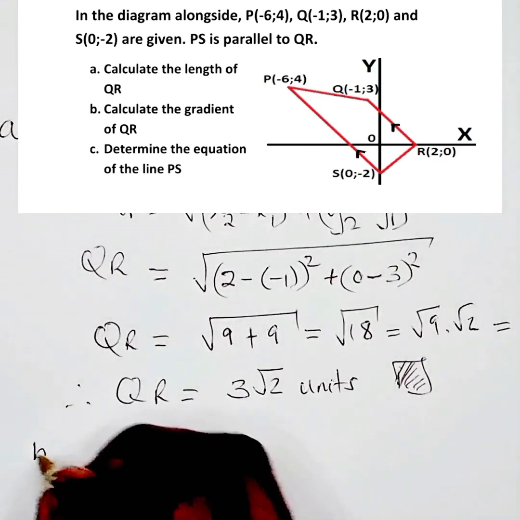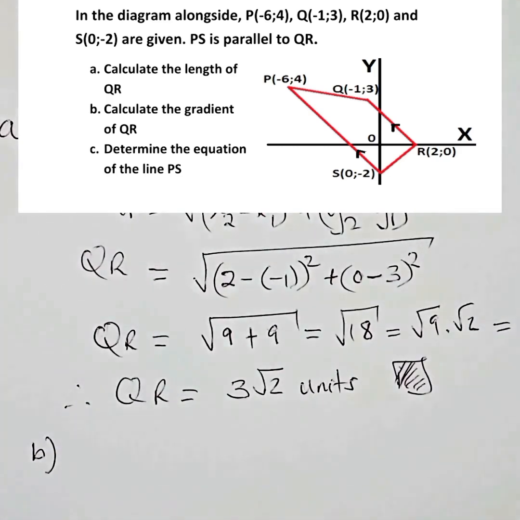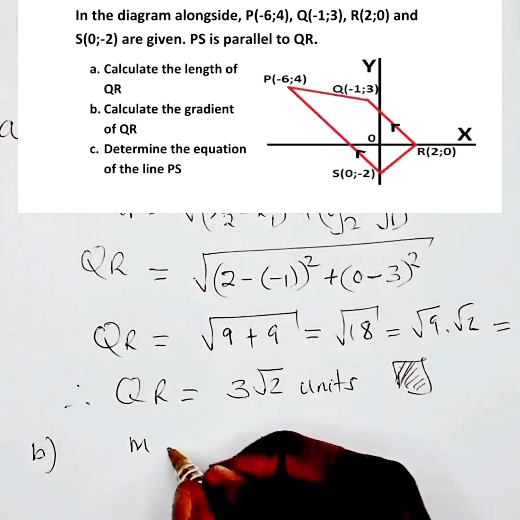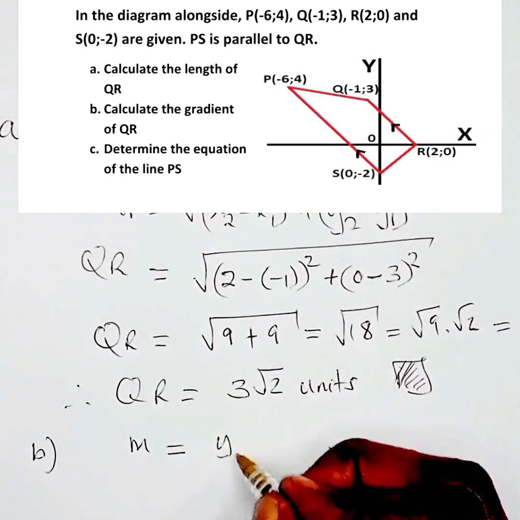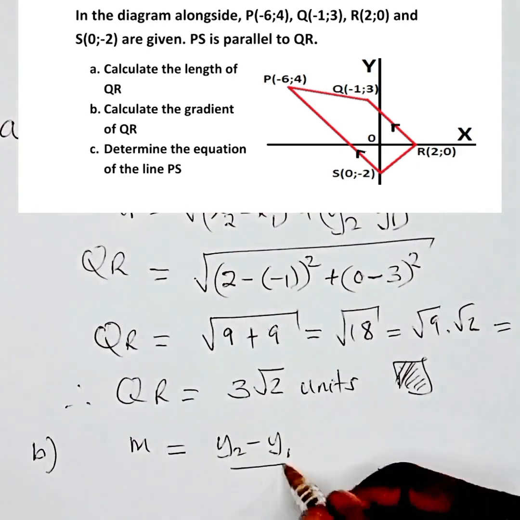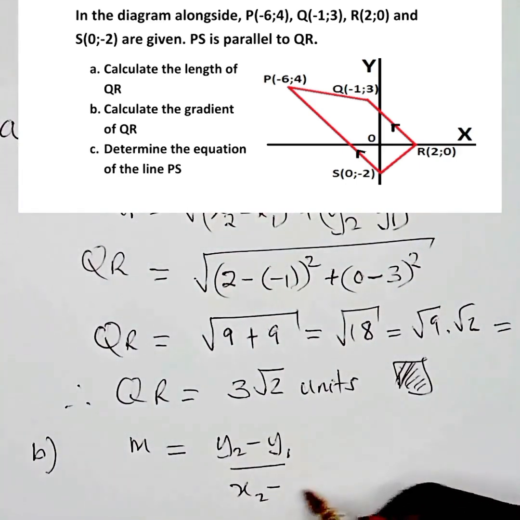Part B requires us to calculate the gradient of QR. We know the formula for the gradient: m is given by y2 minus y1 over x2 minus x1.